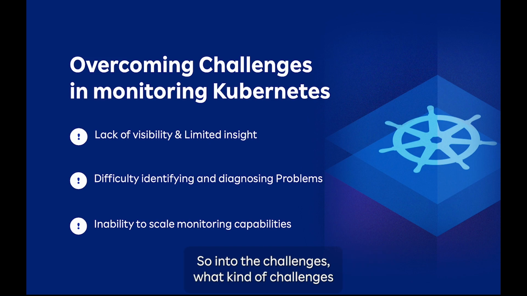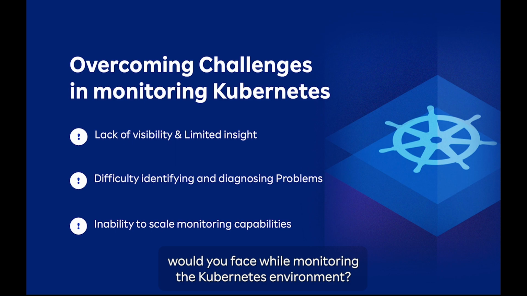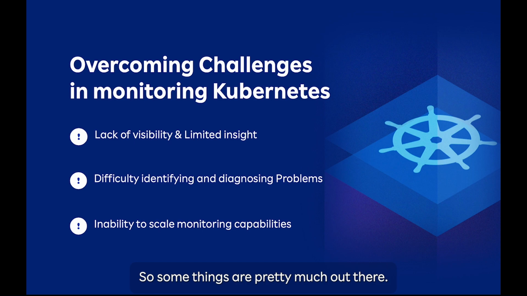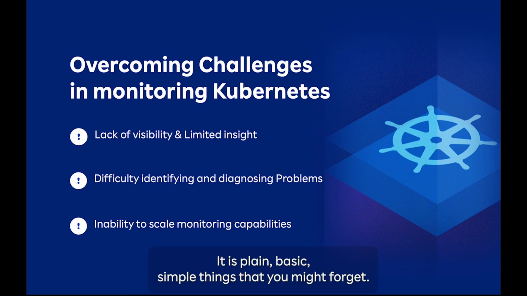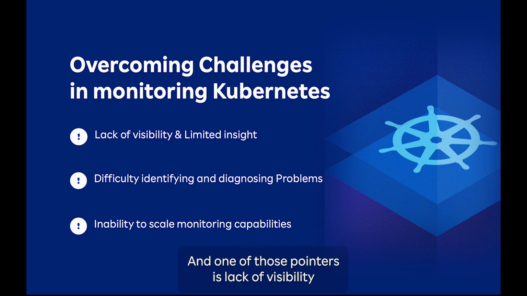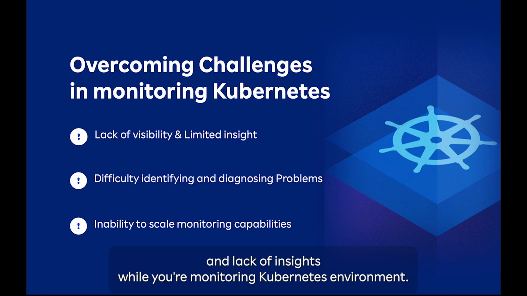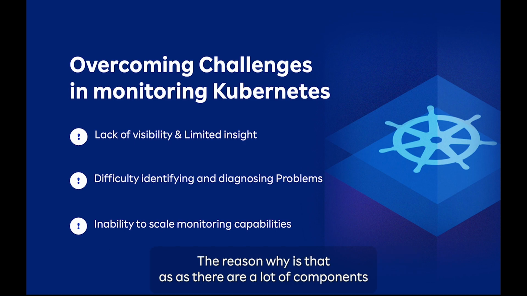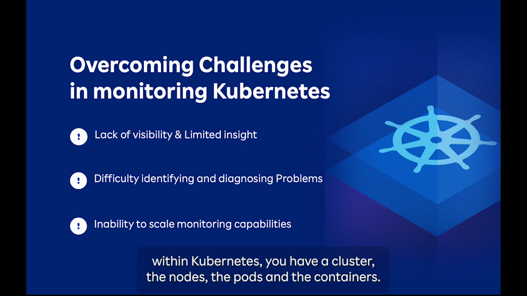So into the challenges, what kind of challenges would you face while monitoring, say, a Kubernetes environment? Some things are pretty much out there. It is plain, basic, simple things that you might forget. And one of those pointers is lack of visibility and lack of insights while you're monitoring a Kubernetes environment. The reason why I say that is there are a lot of components within Kubernetes.